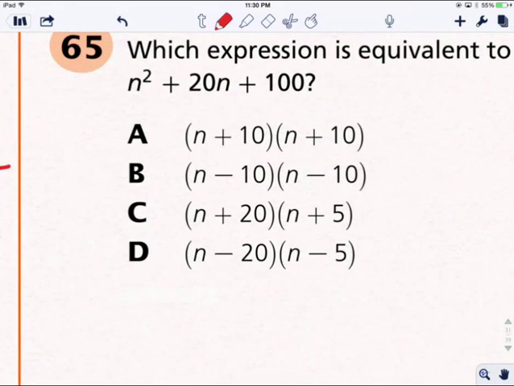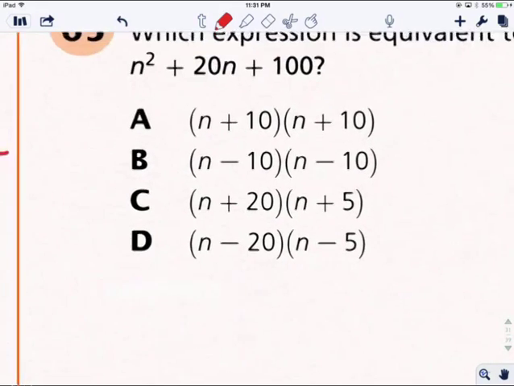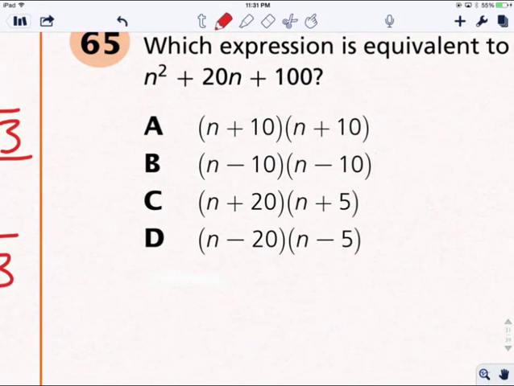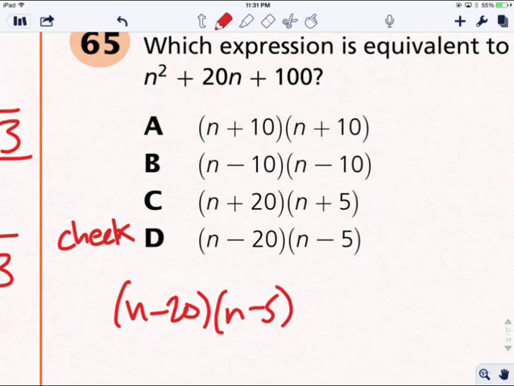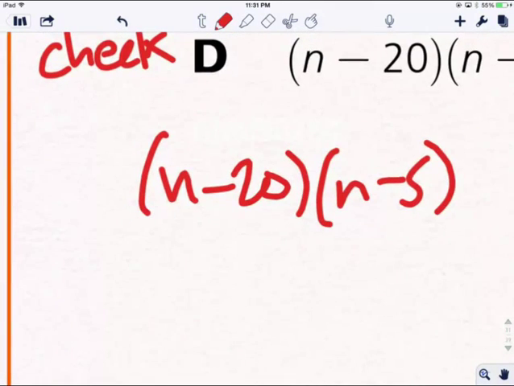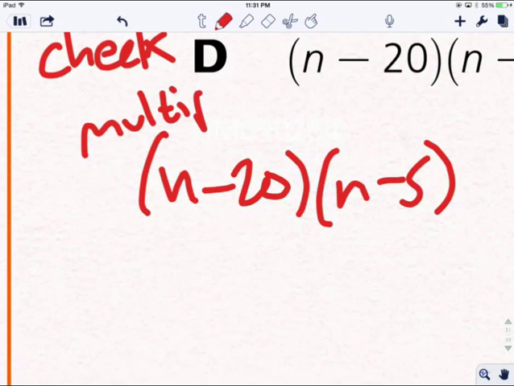So I'm just going to pick some answer choices and multiply them. All right, so let's check D. N minus 20 times n minus 5. Let's multiply that to see if we get the original.